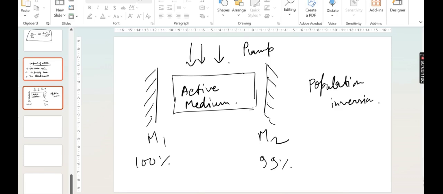The active medium may consist of a collection of atoms, molecules, or ions which is capable of amplifying light waves. Under normal circumstances, there are always a larger number of atoms in the lower energy state than in the excited energy state.